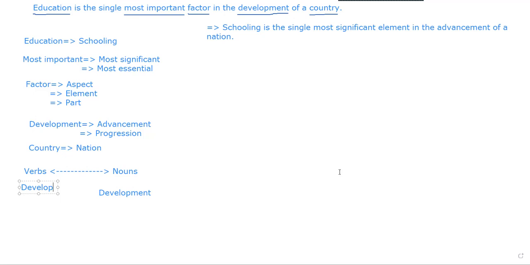Okay, so has the azan finished? ইয়েস স্যার. Okay. So, like we said, you can change this noun development into the verb develop. Okay. For example, schooling is the single most significant element to develop a nation. Is it clear to you now?